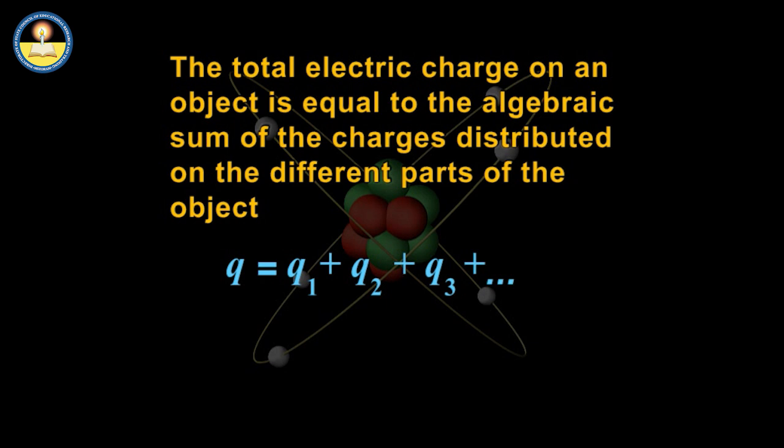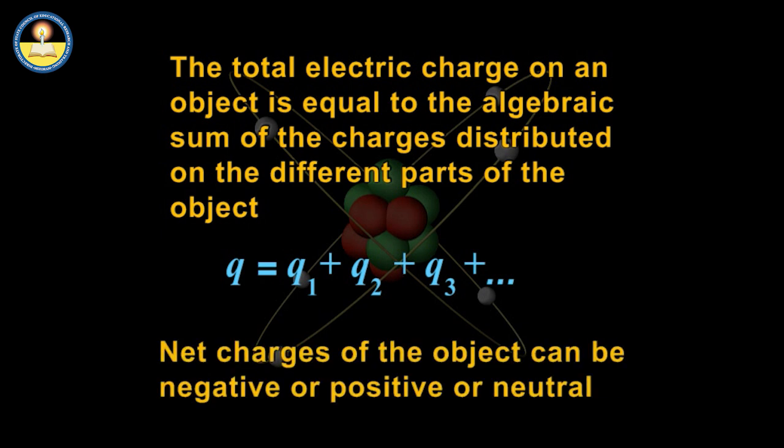Though the total mass of an object always remains positive, that is, mass cannot be negative or zero, the net charge on the object can be negative or positive or neutral.